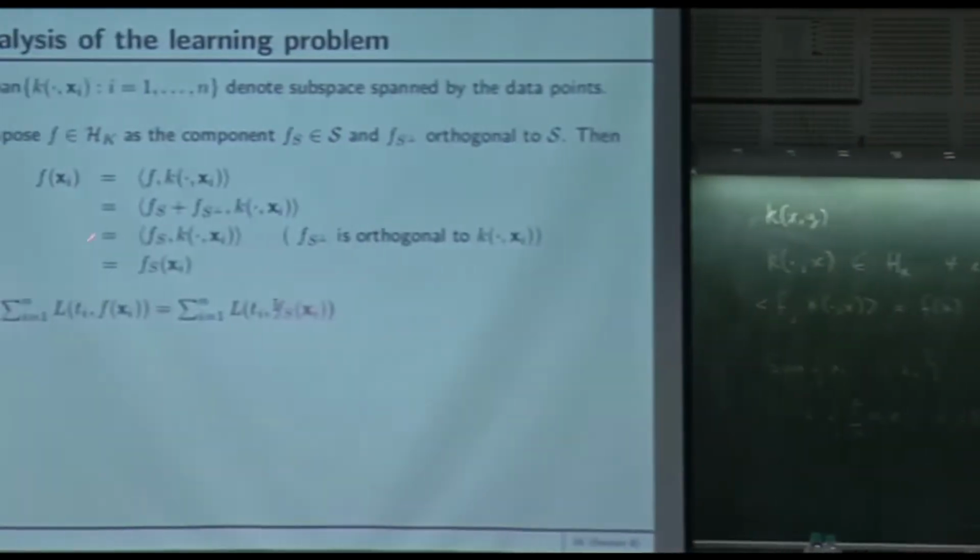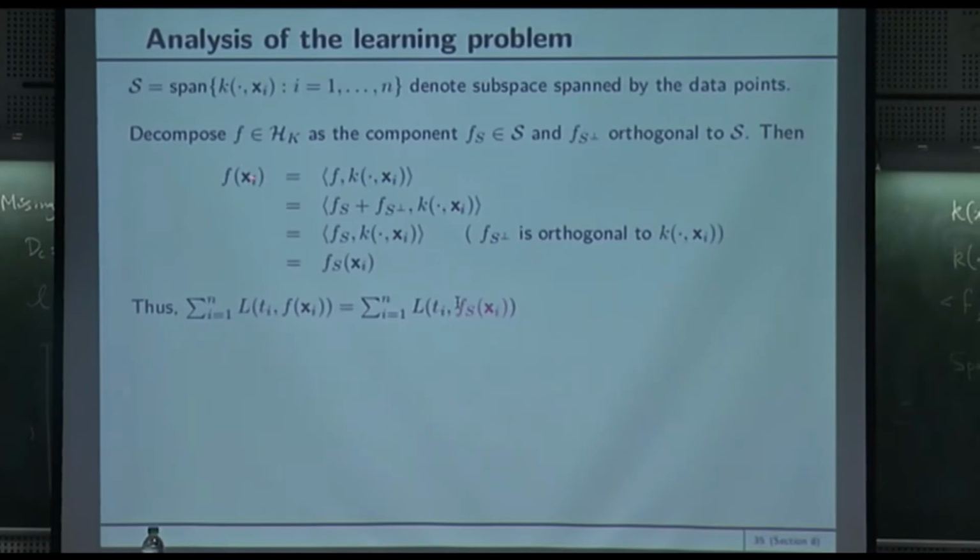So now let's figure out what's happening. I'm trying to choose this function f for my classifier. I'm looking at the value f of xi. Because this is a Hilbert space, I know that f of xi can be written as the inner product of f and k dot xi. I split f up into two parts: f projected onto the span, plus f that is orthogonal to the span.